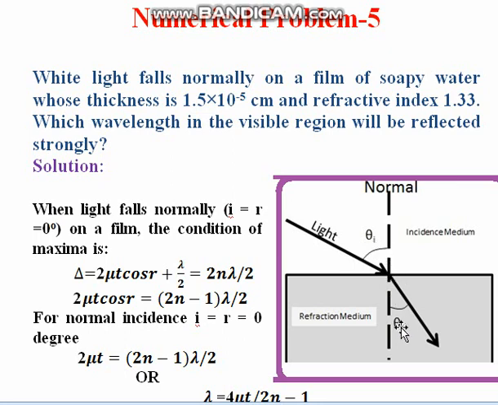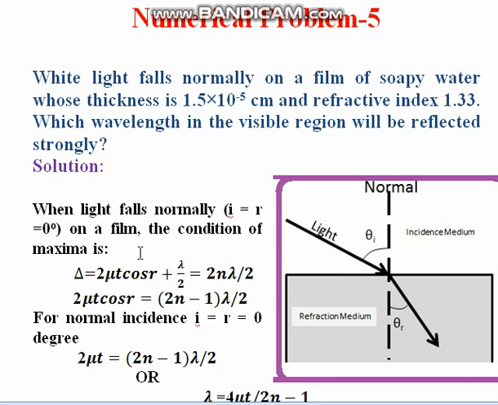Then what about the r value? r will also be equal to 0, because according to Snell's law, mu is equal to sin i upon sin r. Sin i is equal to 0, then sin r is equal to 0. This implies r is equal to 0. So when light falls normally, i is equal to r is equal to 0 degrees. This is the point to remember always in other numerical problems.